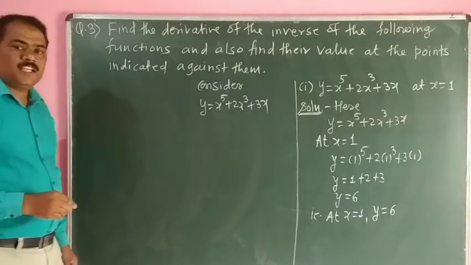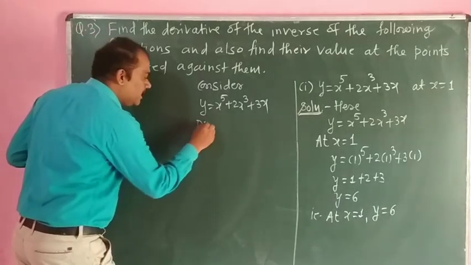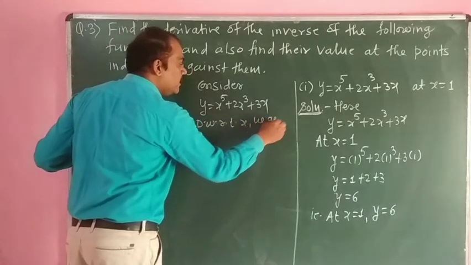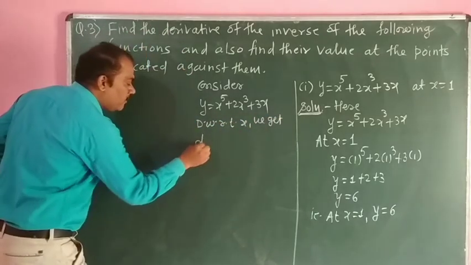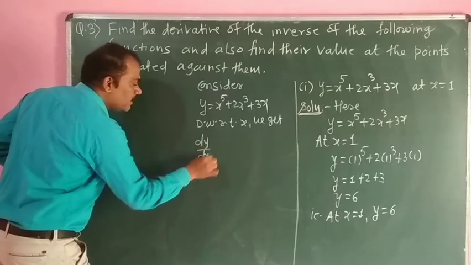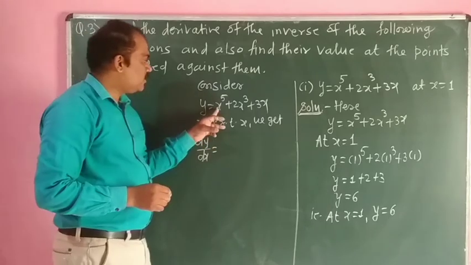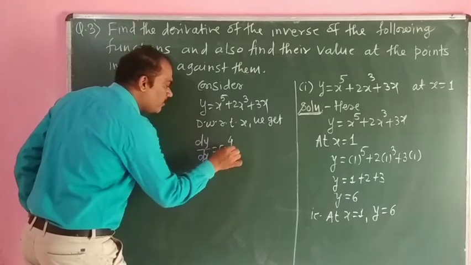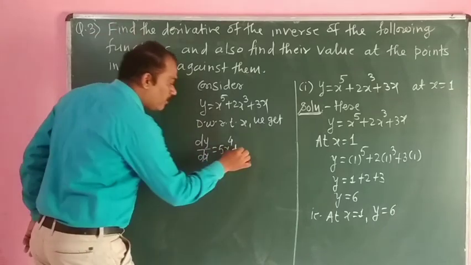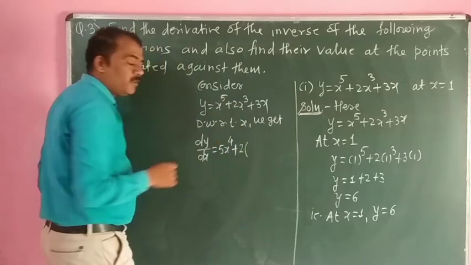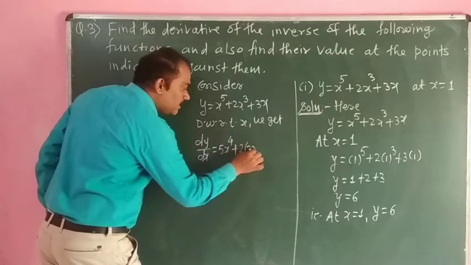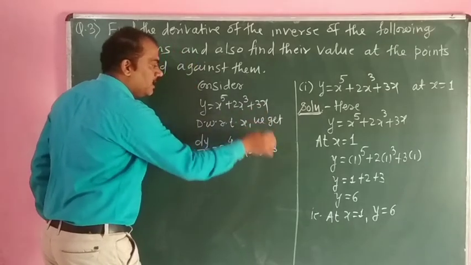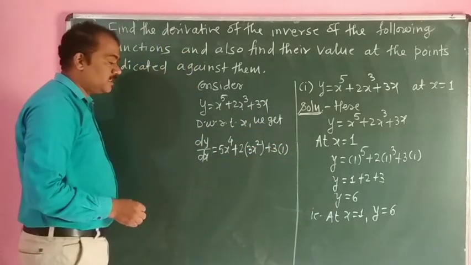We have to differentiate with respect to x, and we get dy by dx is equal to the differentiation of x raised to 5, which is 5 times x raised to 4 by using the power function formula, plus 2 into the derivative of x cube, which is 3x square, plus 3, the constant taken outside, times the derivative of x with respect to x, which is 1.